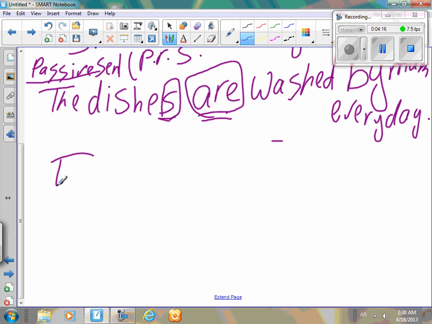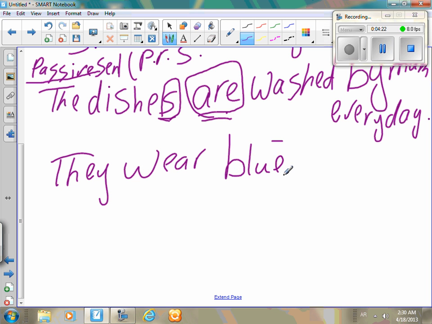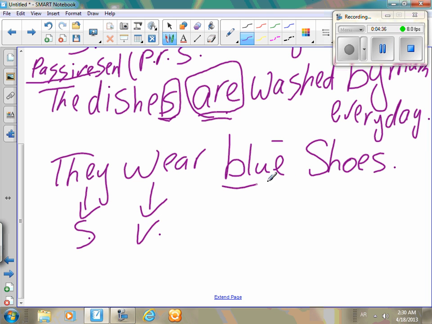In this sentence, they wear blue shoes. We said the first step is what? Subject, verb, and object.